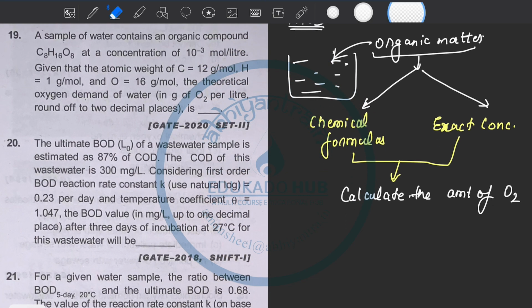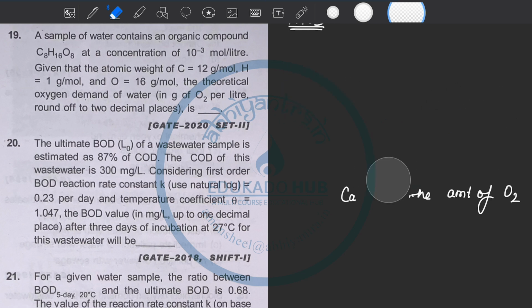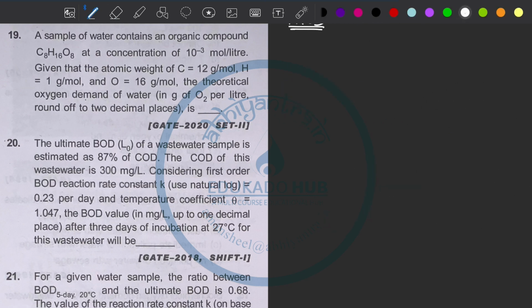So, see, the reaction of C8H16O8 with oxygen, obviously it will react with the oxygen in water. So C8H16O8 plus O2 will give CO2 plus H2O.